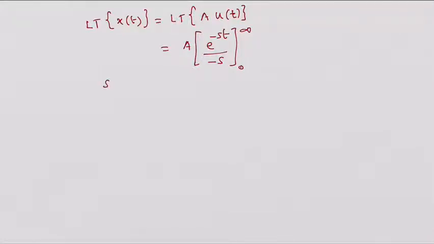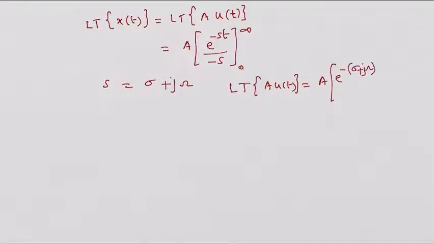As you all know, s is a complex variable, which is sigma plus j omega. If this is substituted into this equation, the Laplace transform of the signal a into u of t will be e power minus sigma plus j omega into t divided by minus s. Lower limit is 0 and upper limit is infinity.